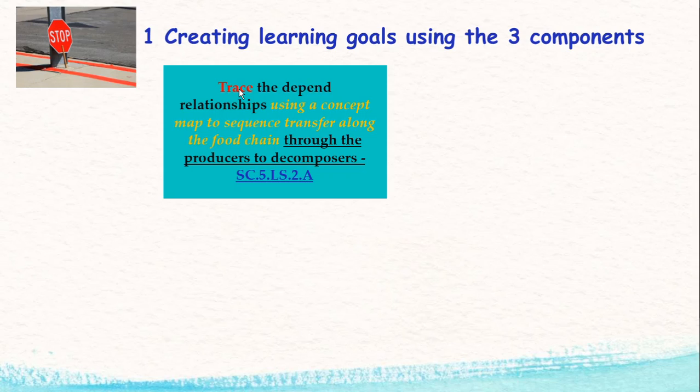That is what the student is going to do. The second part, in italics, is the condition component. That's what the students are expected to do, under what they're going to be given. And the last is the criterion performance component.